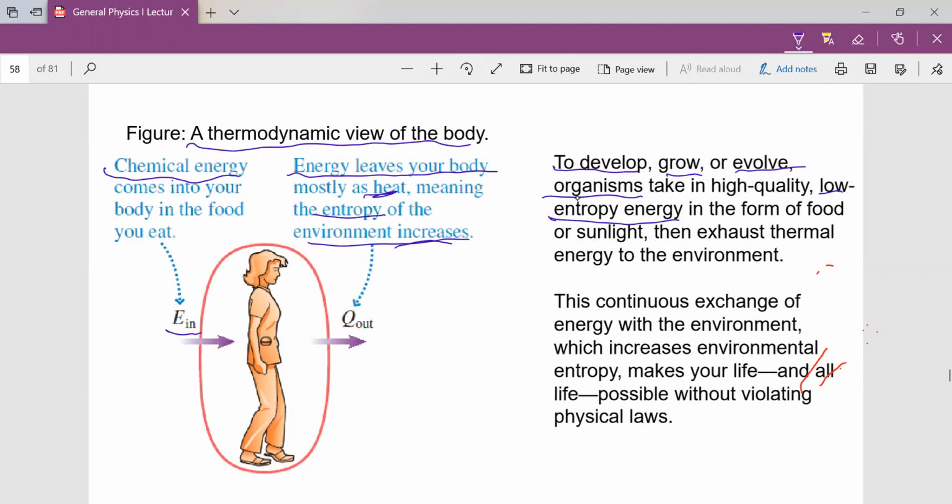That's what we described as low entropy, in the form of food that we eat and from sunlight, and then we exhaust them, we give them out. That's what I mean by exhaust, as thermal energy to our environment.